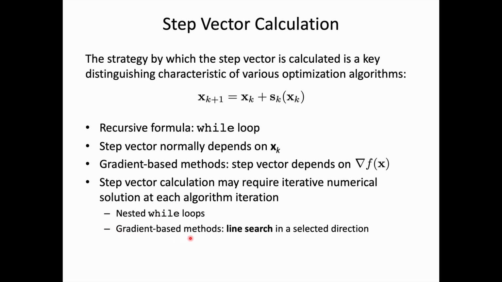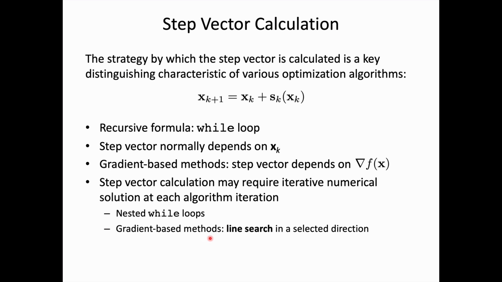One involves gradient-based methods, where we're going to usually find the gradient of the objective function, or the constraint functions if it's a constrained problem, and that value of the gradient is going to inform the direction we want to search in. And if we search in that direction, we're going to have to do some iterative exploring and try to find in that direction what's the best point to stop at so that we can make rapid progress toward the overall solution that we're trying to find.